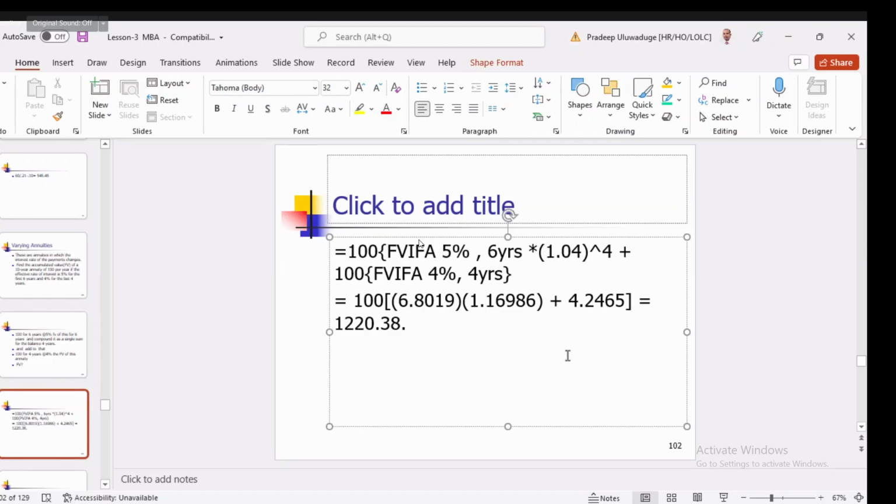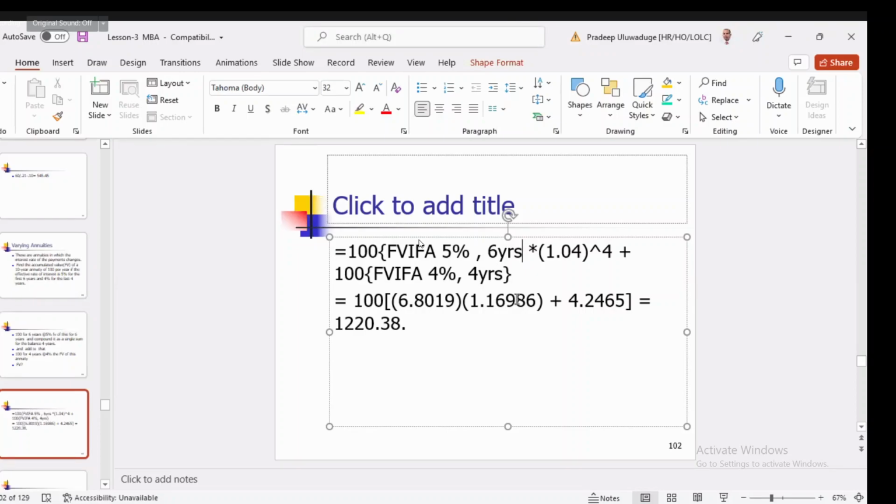And you add these two together, you get 1,220.38. So this is the 100 that we receive for the first 6 years. This is the future value interest factor annuity at 5% for the first 6 years. And now at the end of the 6th year, this stops, right? So we will keep it for another 4 years until the completion of the 10th year, but it will be compounded at 4% for 4 years.